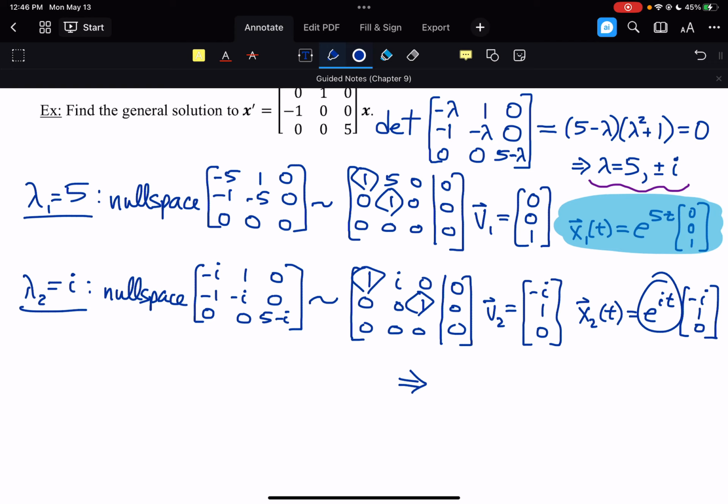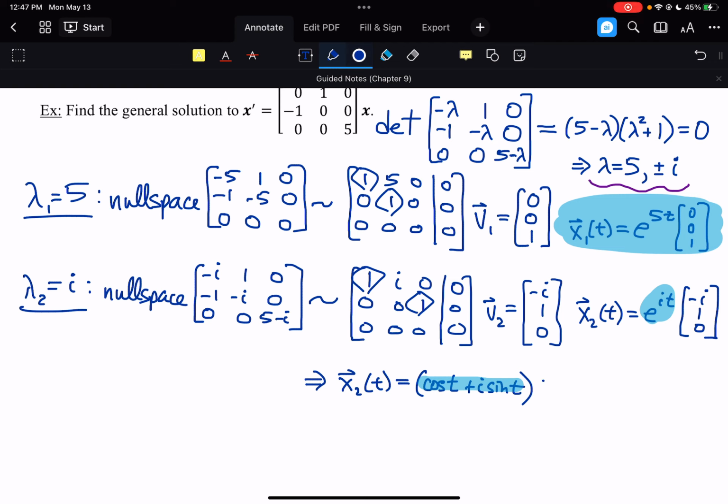So for e to the it, that expression, we can use Euler's formula to rewrite this. So x2 of t is going to be cosine of t plus i sine of t, because of Euler's formula.